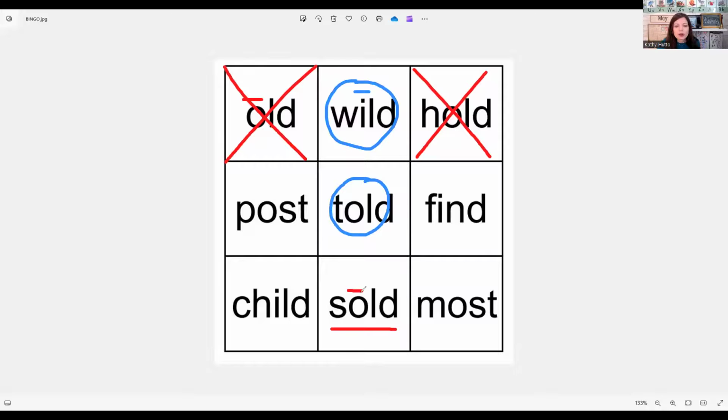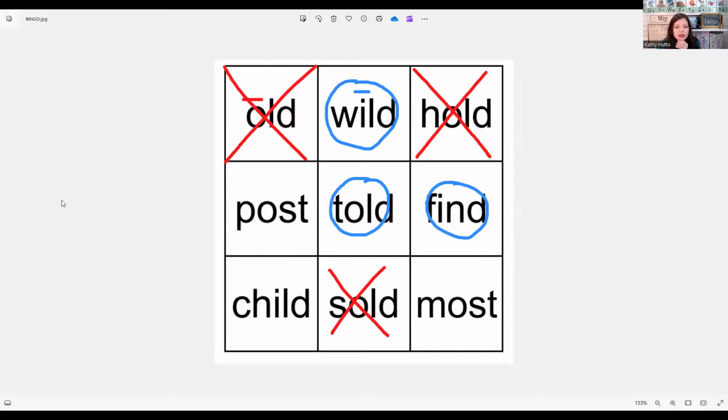Let's try to read this word for X. Old. Sold. Very good. All right, let's see, where will blue go? Maybe right here. Find. Find.